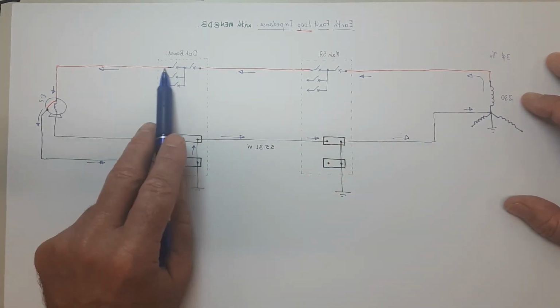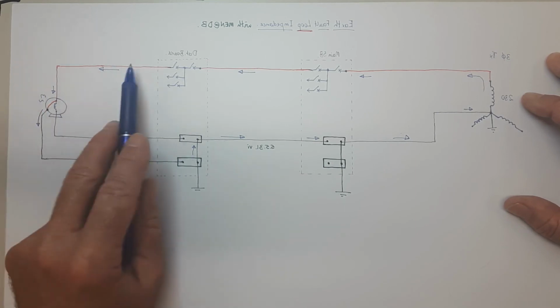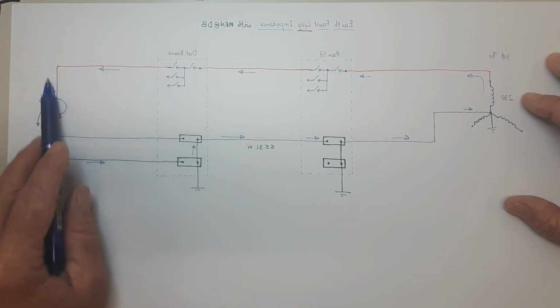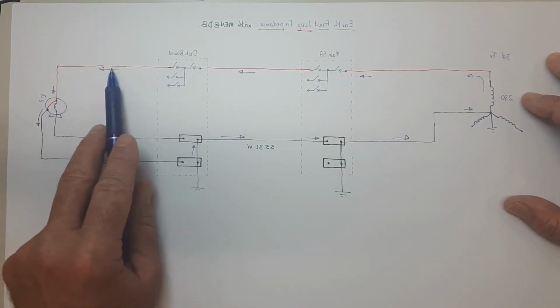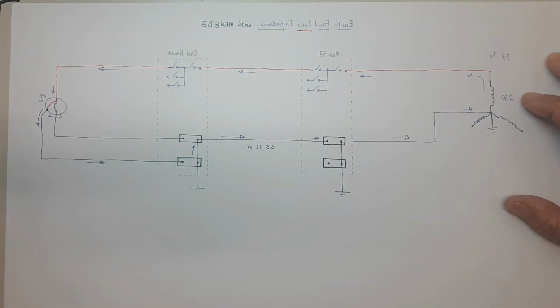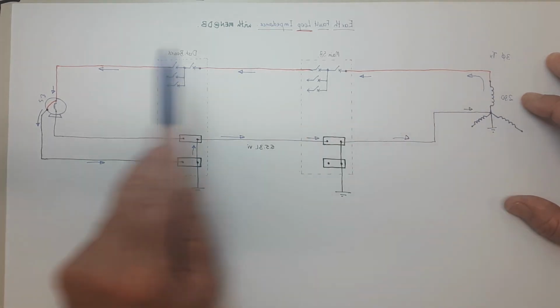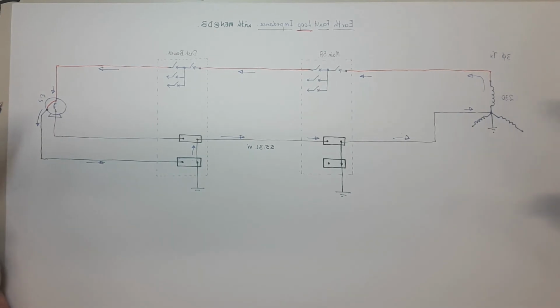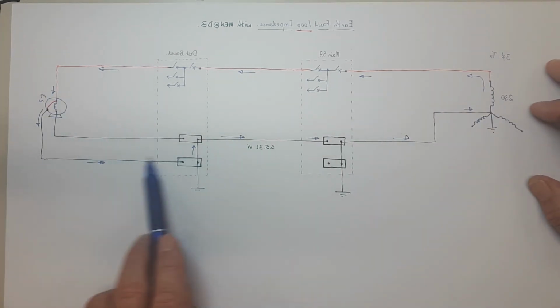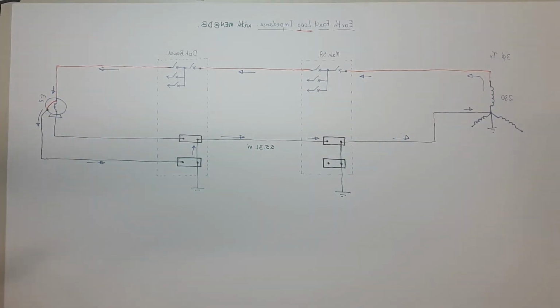Once you get out here, your cable might be 2.5 mil or 4 mil or 6, compared to the cables back here, so this is going to be fairly small. And so this is your fault loop, and the fault loop impedance is dependent on the size of the cables and the length. But that's what it is, and we'll come back and talk more about that in some later videos.